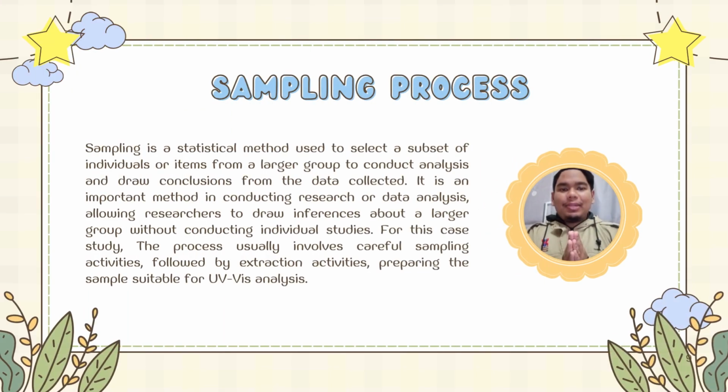water. Sampling process. Sampling is a statistical method used to select a subset of individuals or items from a larger group to conduct analysis and draw conclusions from the data collected.